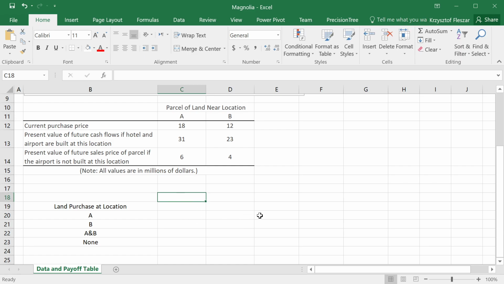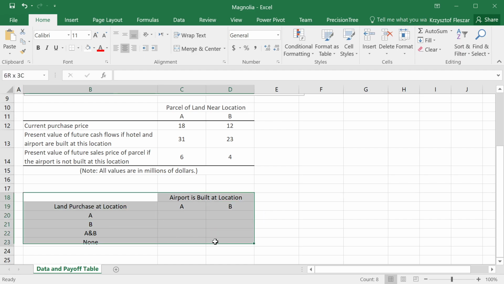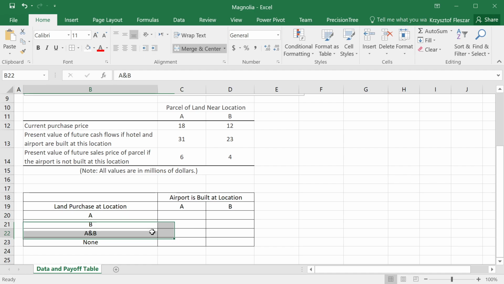So I'm going to say here at the top, airport is built at location, and it may be A or B. I hope you see that this is what is going to affect our payoff, and in fact our final payoff will depend on both of those. Our decision comes first.